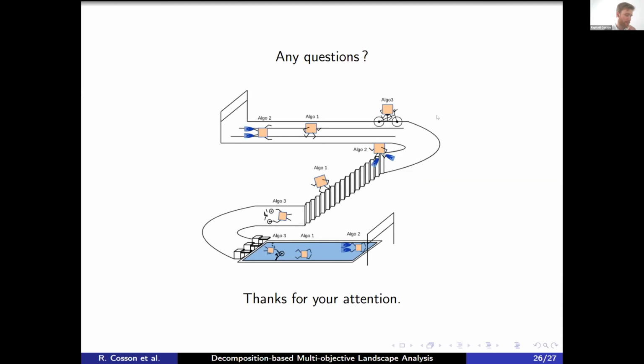Okay, that was a tough question, I guess. No, I think we can be inspired by algorithms to make concepts of how to compute multi-objective features. But here we just want to explore what happens when we use decomposition.